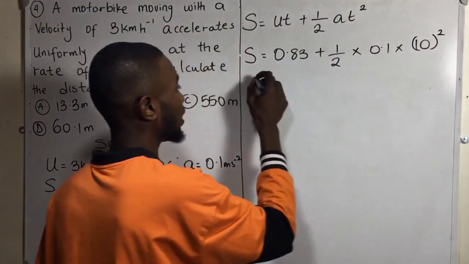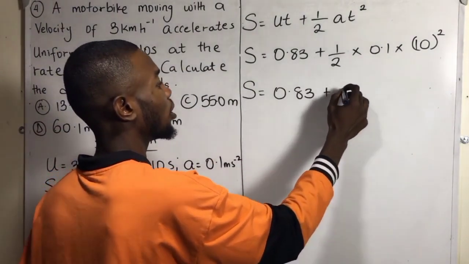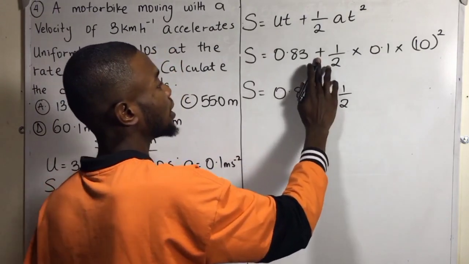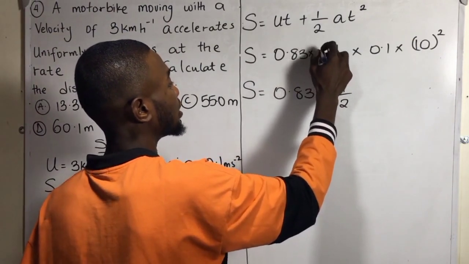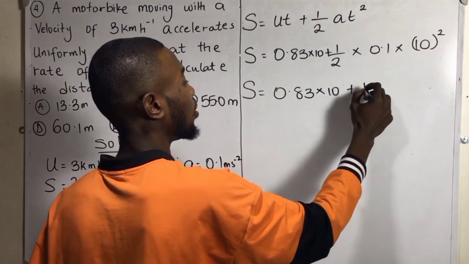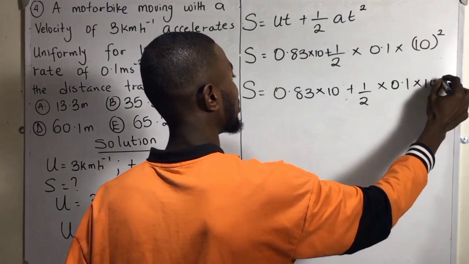So if we simplify that, we have our distance to be 0.83 plus 1 over 2. Okay, we haven't multiplied by the time, if I can still remember. So it should be multiplied by 10. Here also should be multiplied by 10, plus 1 over 2 multiplied by 0.1 multiplied by 100.